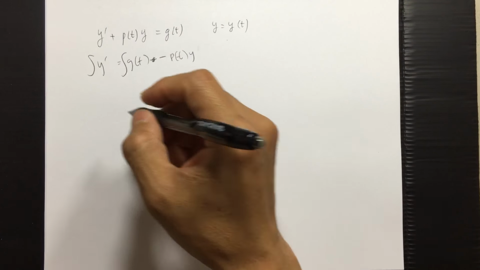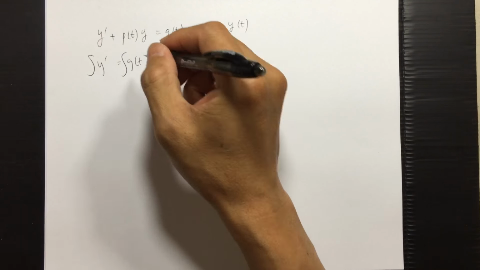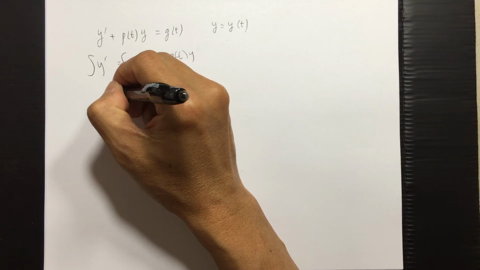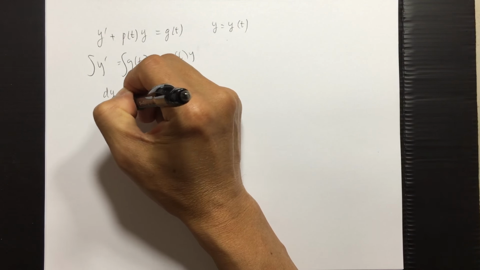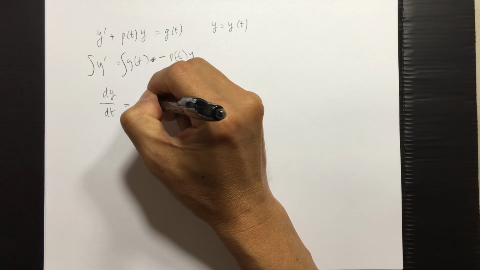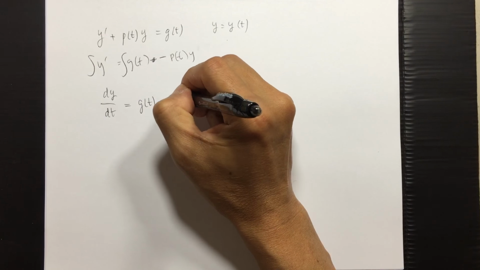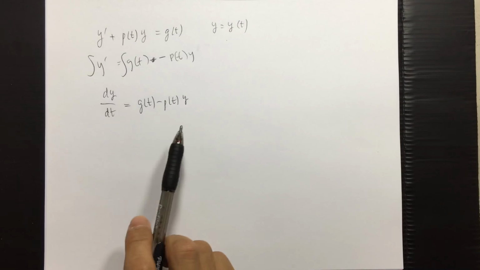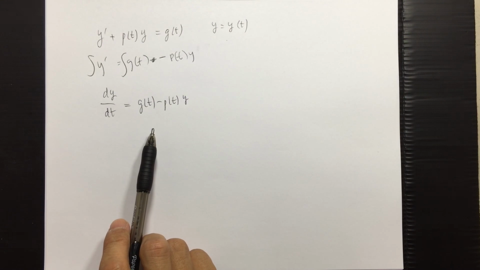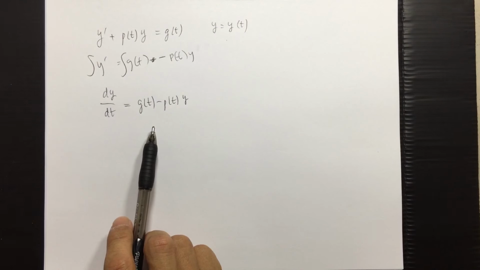Let me write it up. When you write this before the integration sign, it's dy/dt equals g(t) minus p(t) y. Both sides are not infinitely small things. They are normal numbers. This is a slope.